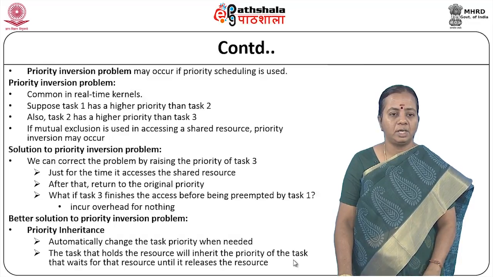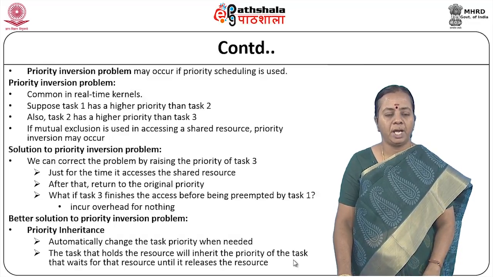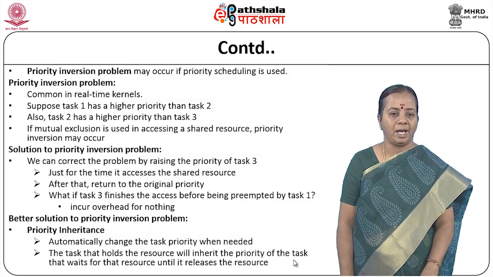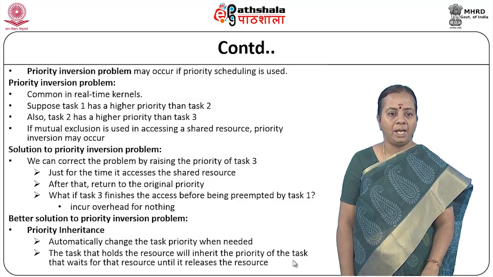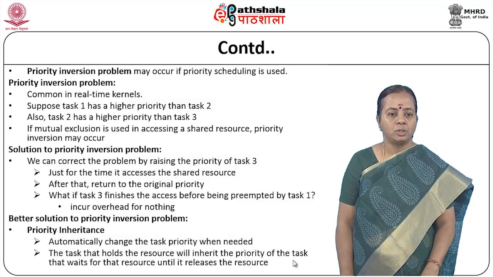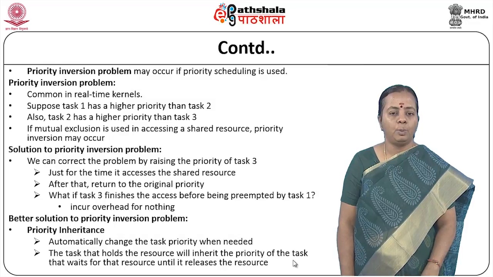So always in real time the priority inversion problem will occur. If I am looking at task 1, it has a higher priority than task 2, and task 2 has a higher priority than task 3, and mutual exclusion is used in accessing a shared resource. So priority inversion may occur when you are looking at shared resources.